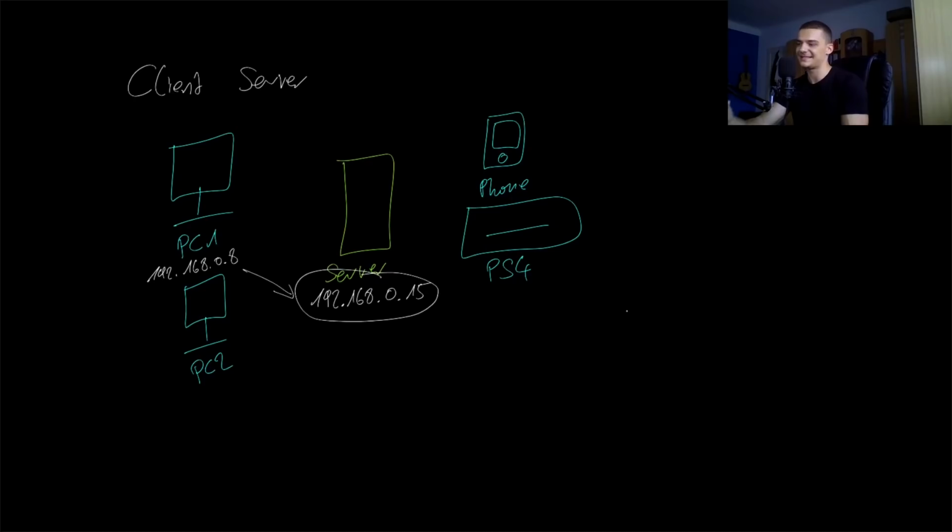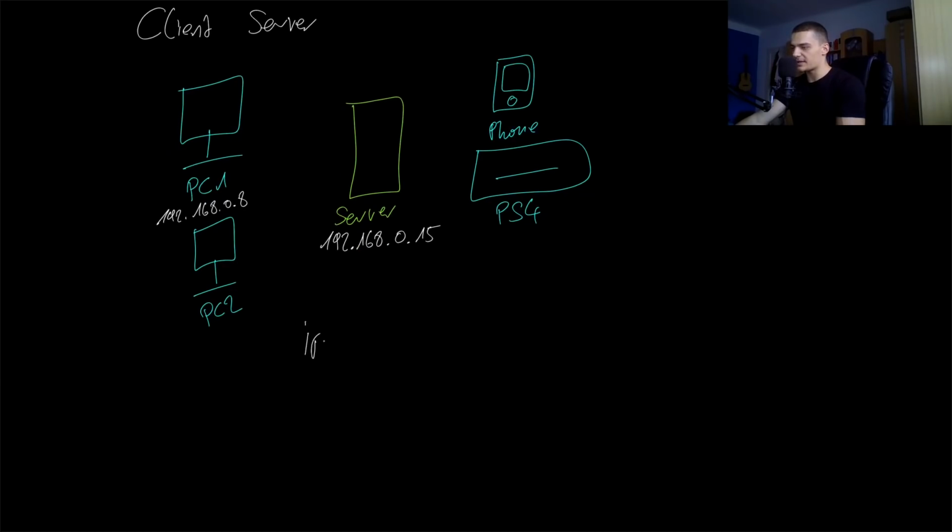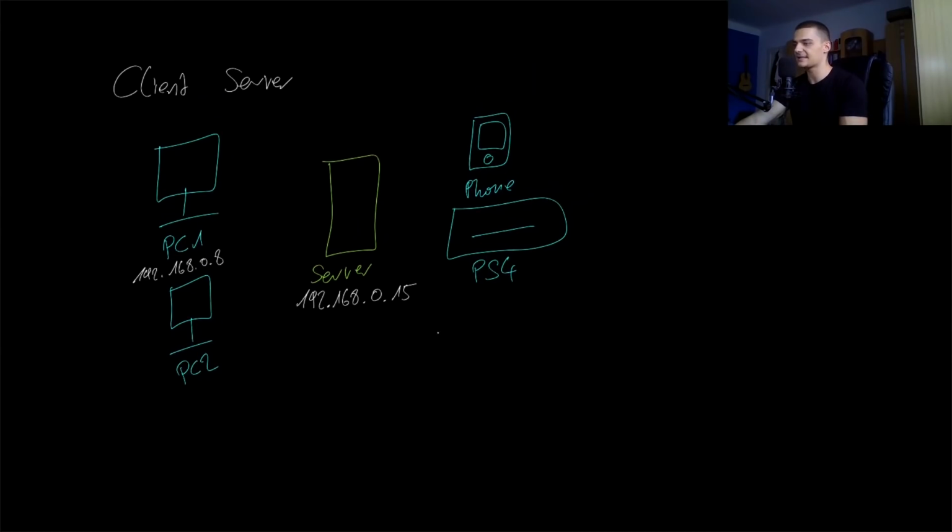Now we're going to expand on that because this is in a local area network. What we're talking about here is a so-called local IP address. This is a private IP address. You can get this IP address, and we're going to look at that in a second, on Windows by typing ipconfig into the command line, or on Linux and Mac if you type ifconfig. This is a local IP address that you have in your home, and this is only private.